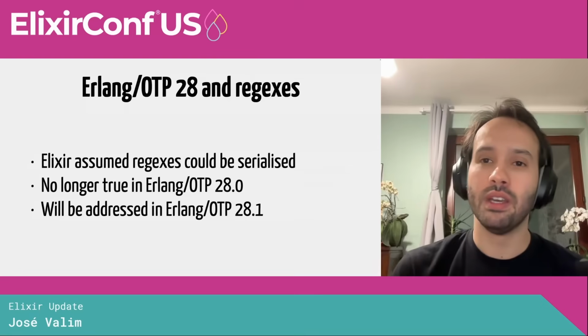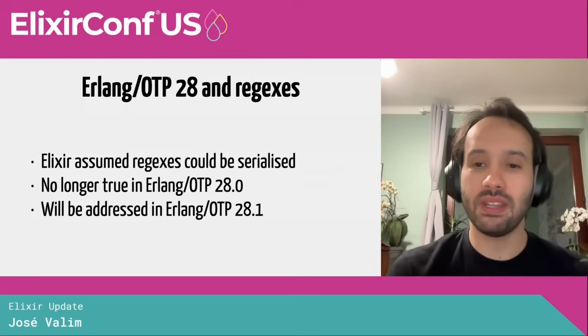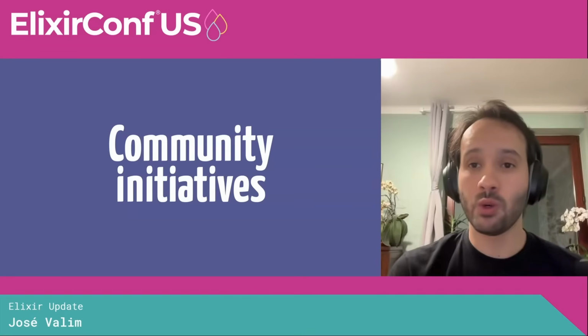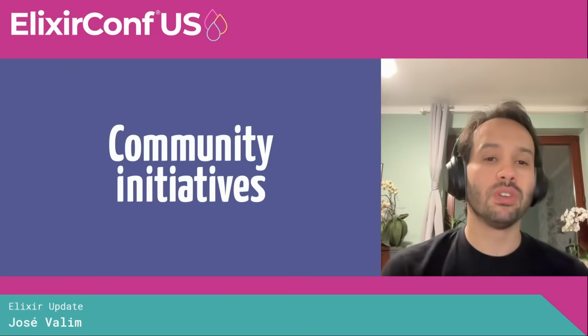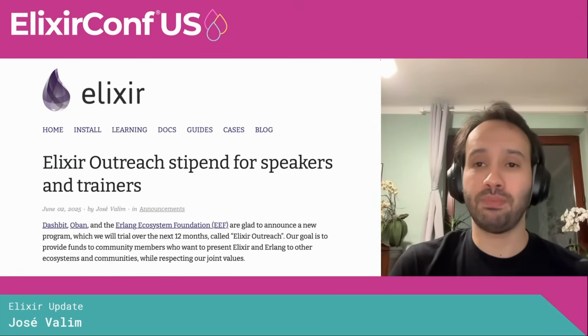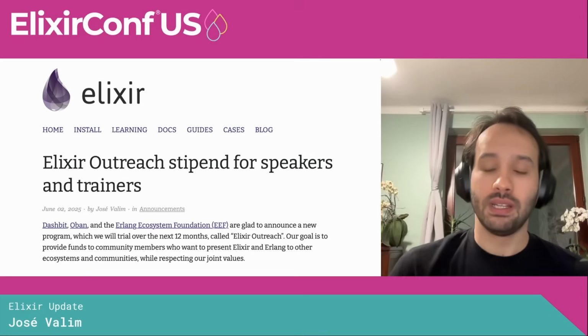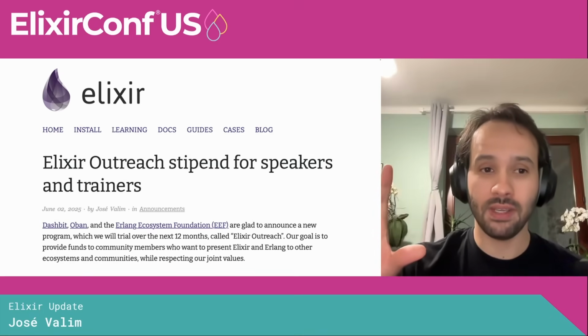And finally, to wrap this talk and go into the Q&A, there are two community initiatives that I want to call your attention to. The first one is the Elixir Outreach Stipend for speakers and trainers. This was published on the Elixir blog recently.